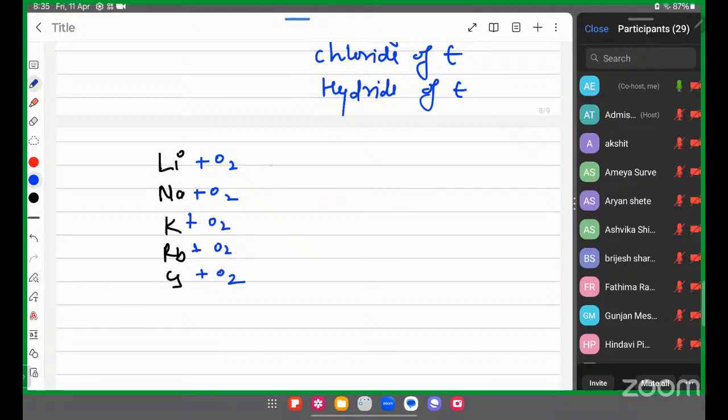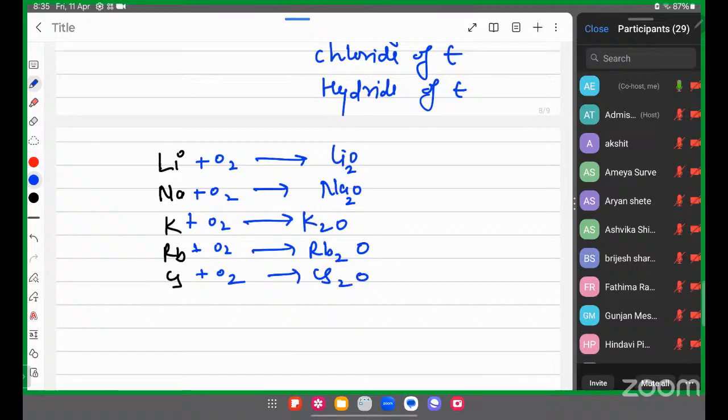So you will notice that lithium will form lithium oxide, sodium will give sodium oxide: Li2O, Na2O, K2O, Rb2O and Cs2O. The interesting point is, in oxides of all these elements, the chemical arrangement is the same, which is given by the M2O form.